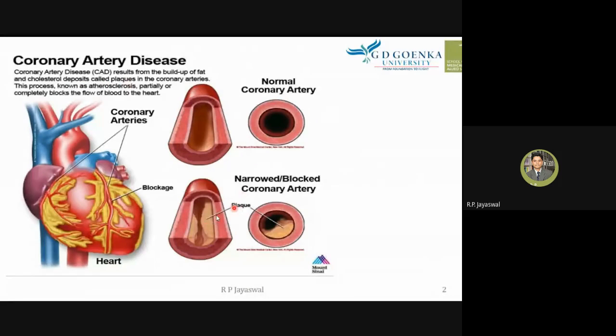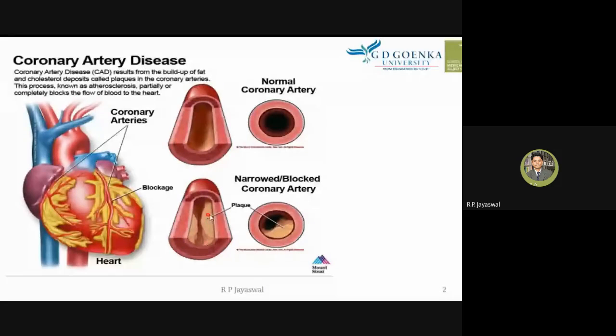This is what we have written, plaque. Chemically, this plaque is fat and cholesterol deposits. When this plaque builds up in the wall of the coronary artery, it leads to coronary artery disease, right? This process is known as plaque formation.